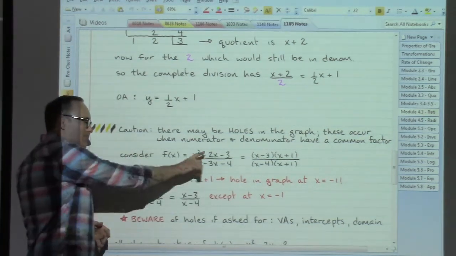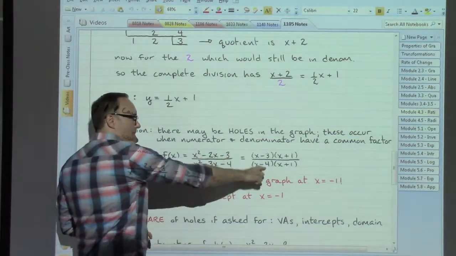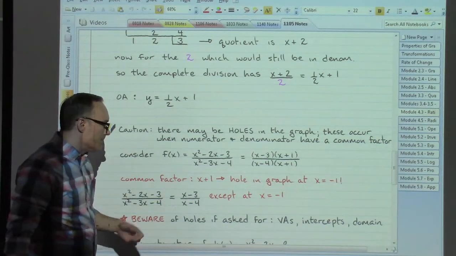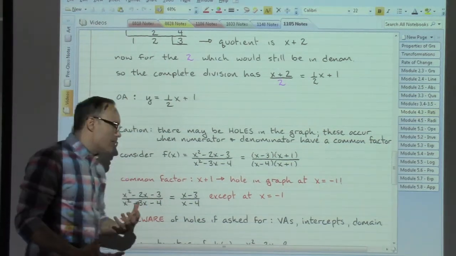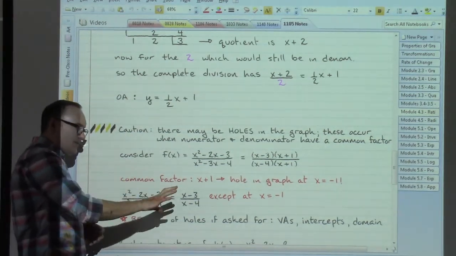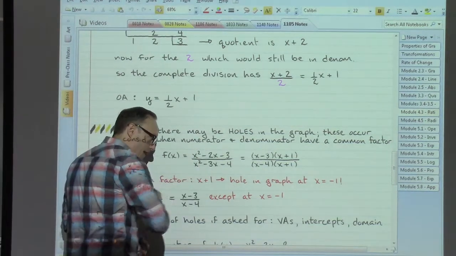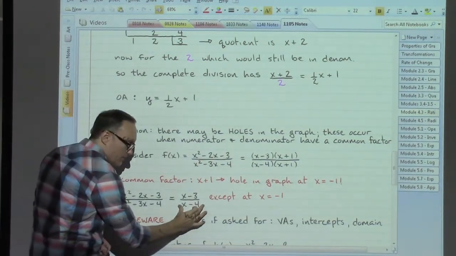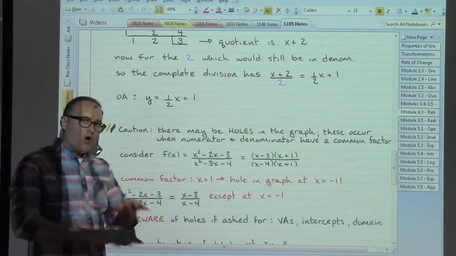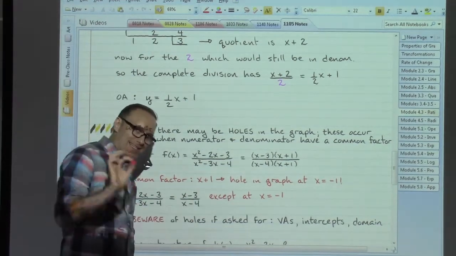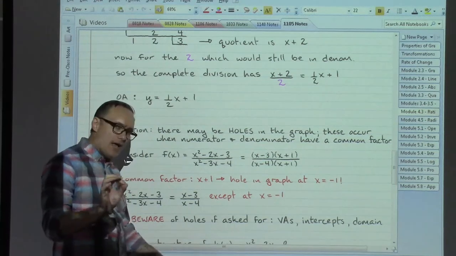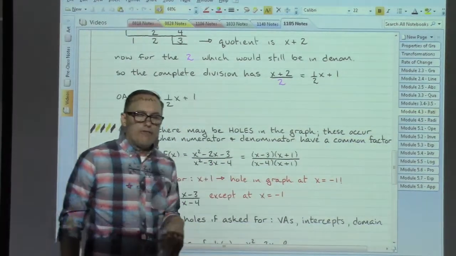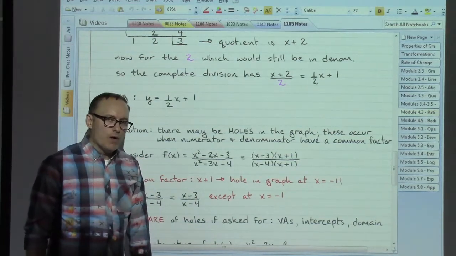So in this particular example, when we factor that numerator and denominator and we see this x plus 1 common to the top and the bottom, what's happening here is that the original function and this reduced function are exactly the same, except there is a hole in the graph at x equals -1.